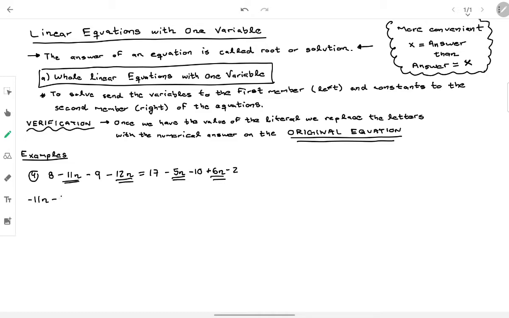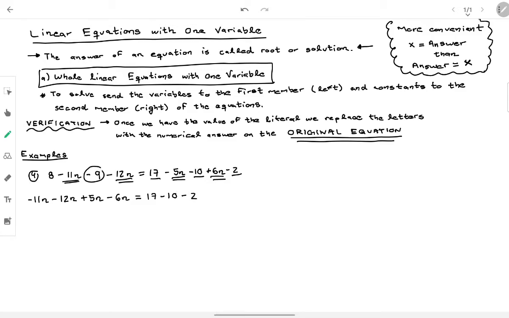In this case, minus 11 minus 12n. The other one, minus 5, will become plus 5, because it changes from one member of the equation to the other. The plus 6 is going to be minus 6n. What about the numbers? 17 and minus 2 and minus 10 stayed in the same member of the equation, so they do not change sign.